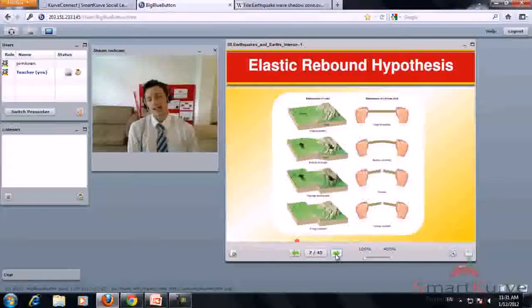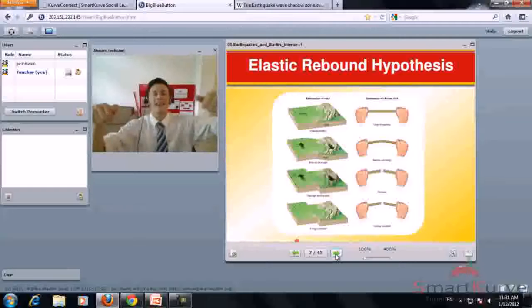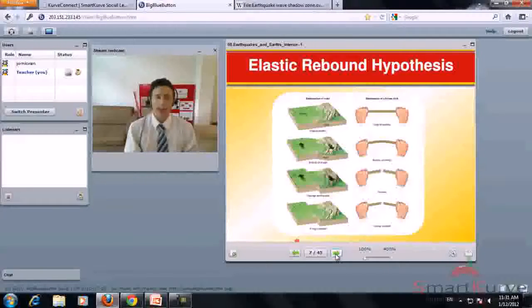On slide 7, think about breaking a stick of wood. If you break a stick, it doesn't break instantly. First, it's going to bend. It's going to bend a little bit more. It's going to start to crack, and then, boom, it snaps. The same thing happens to those tectonic plates.